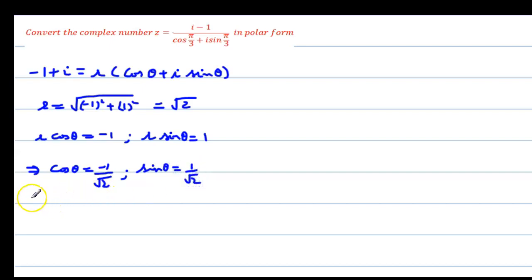Now theta lies in the second quadrant, as cos theta is negative and sin theta is positive. So theta is equal to pi minus pi by 4.